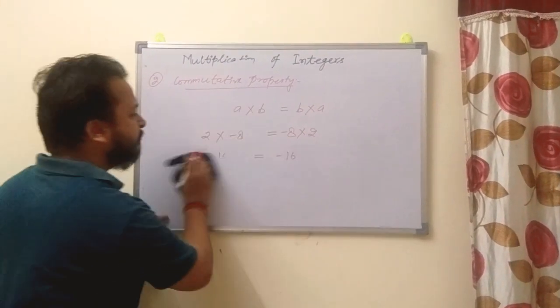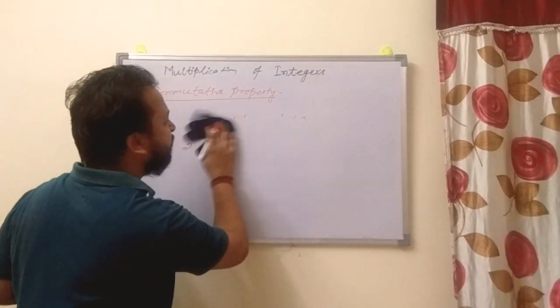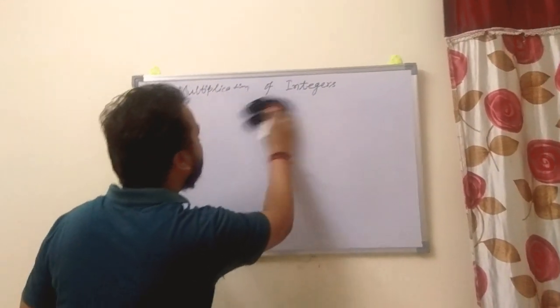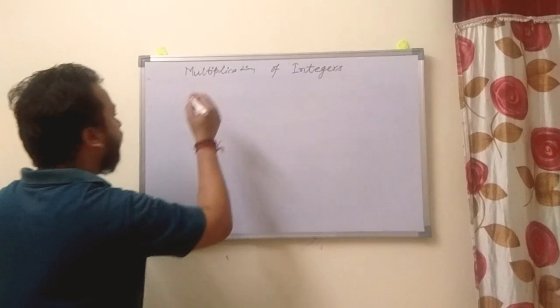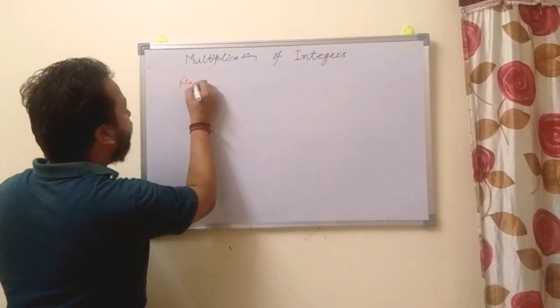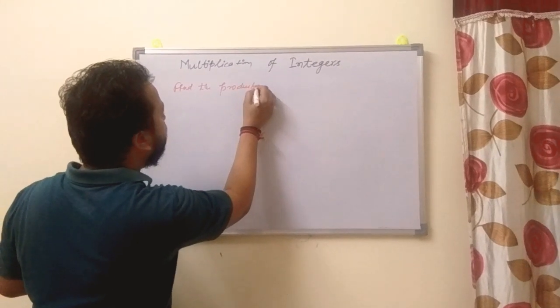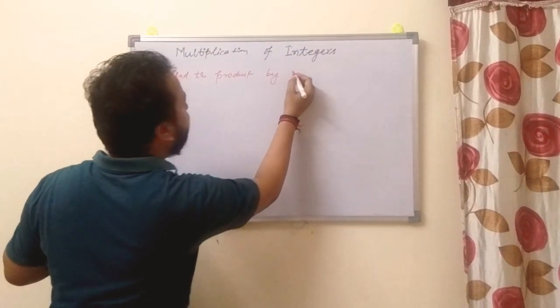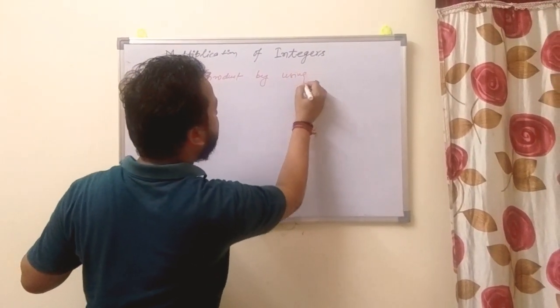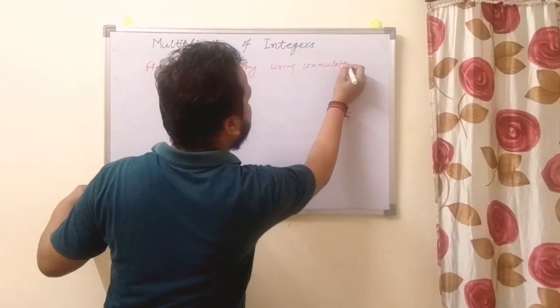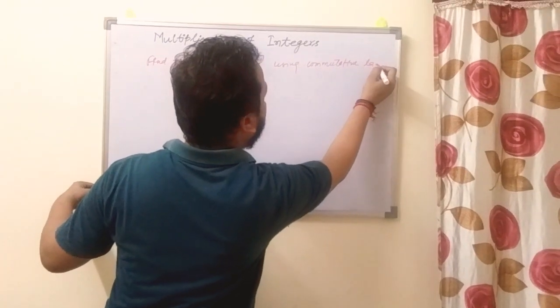So I'm giving you some questions for the practice. Find the product by using commutative law or property.